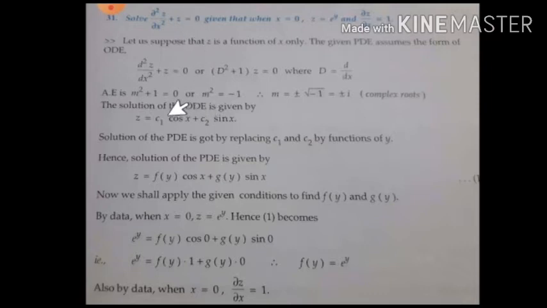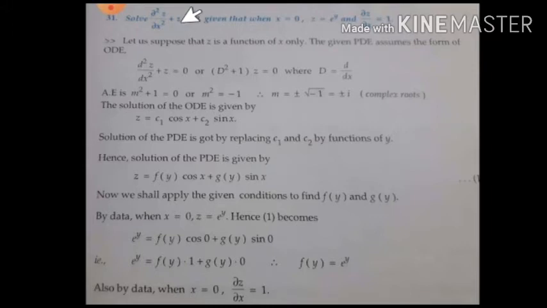So here the obtained answer for z is in terms of x, which means the constants are in terms of y, that is, functions of y. So to write the answer of the partial differential equation, just change C1 and C2 to functions of y: f of y and g of y. This is the solution of the given partial differential equation.